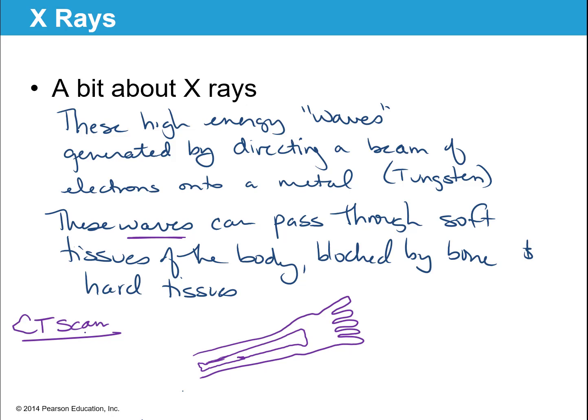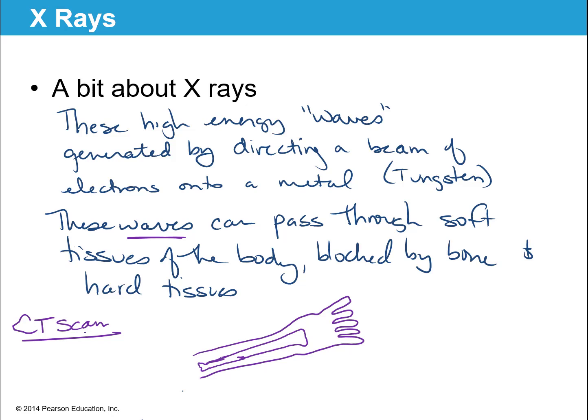Digital X-rays have really revolutionized how much energy you get exposed to when you have an X-ray done, and how easily you can take a digital X-ray and adjust the contrast so that you can make the shadows more obvious.